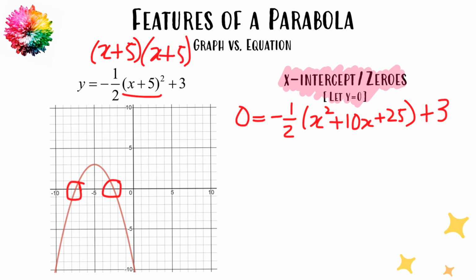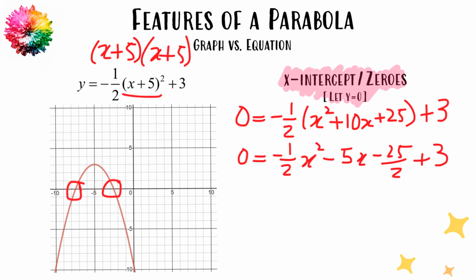I'm going to go ahead and distribute the negative a half into the bracket. So I'm going to get negative a half x squared minus 5x minus 25 over 2 plus 3. I don't really like having fractions around, so I'm going to multiply everything by the magic number of 2.